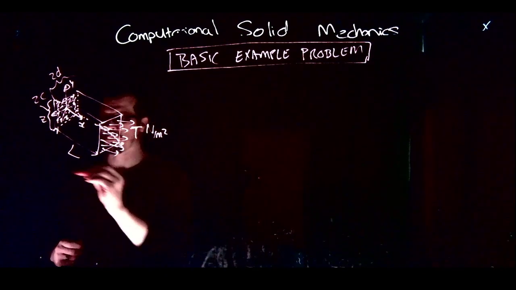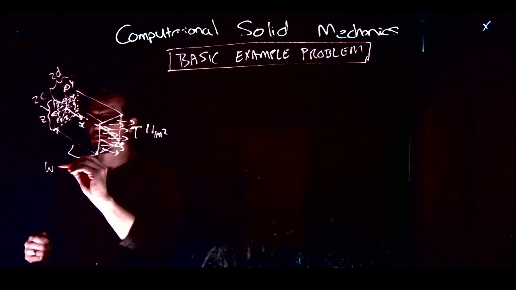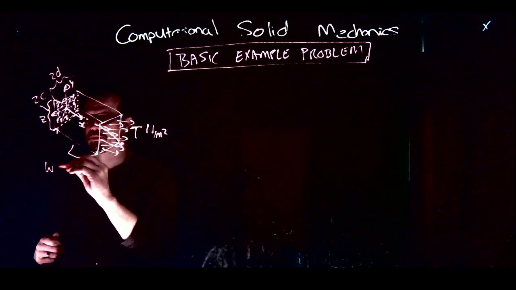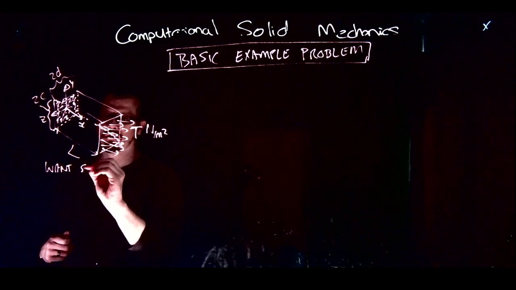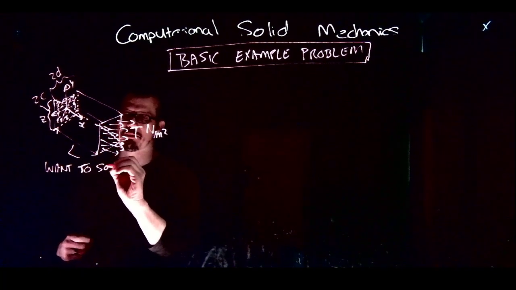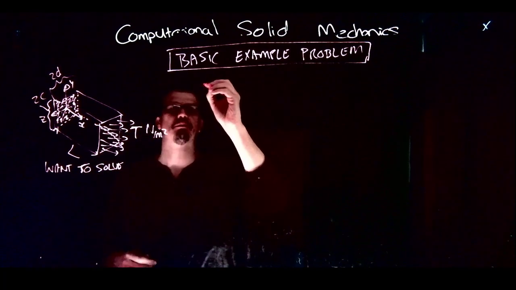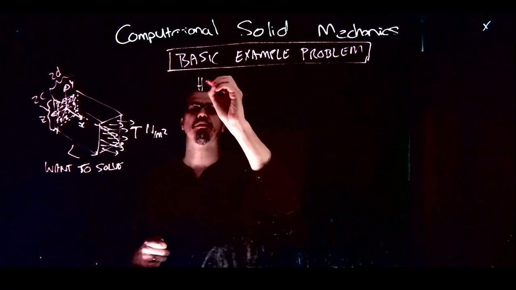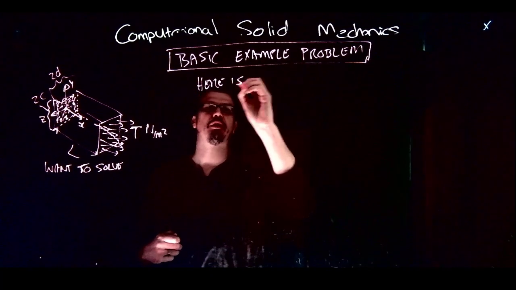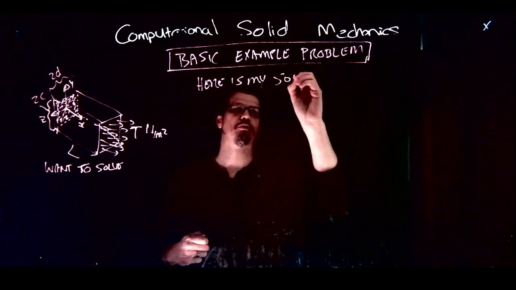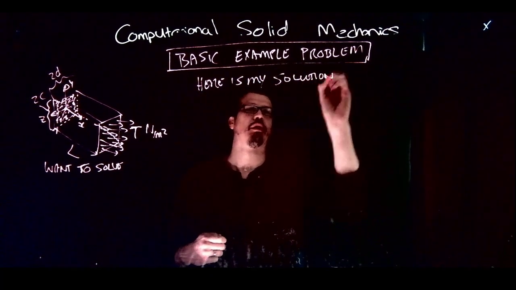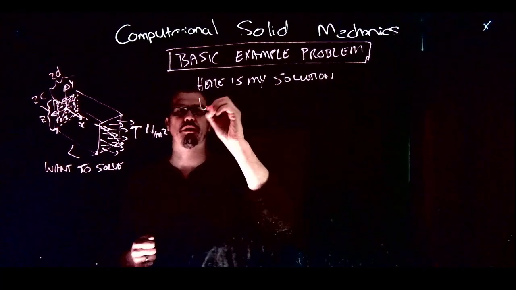So this is the problem that we want the solution for. And we're lucky, somebody comes along and says, here's my solution to the problem, and gives us a field.